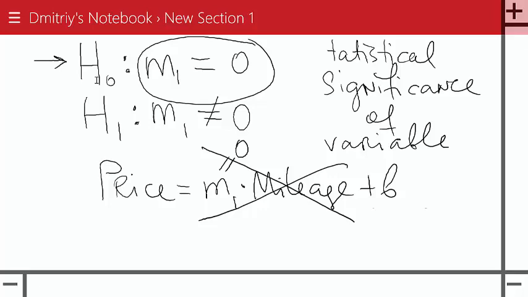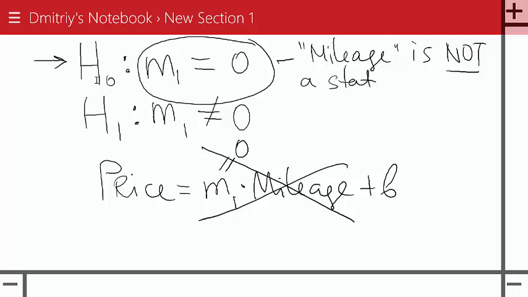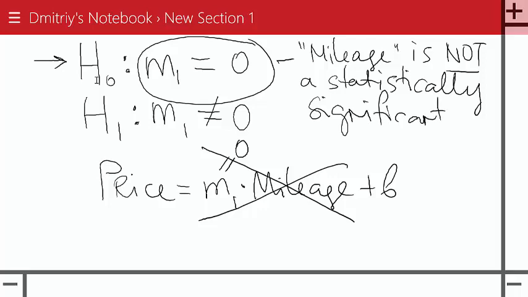So if I find that the null hypothesis is still true, then that means, in plain English, mileage is not a significant variable, is not a statistically significant predictor. Okay.